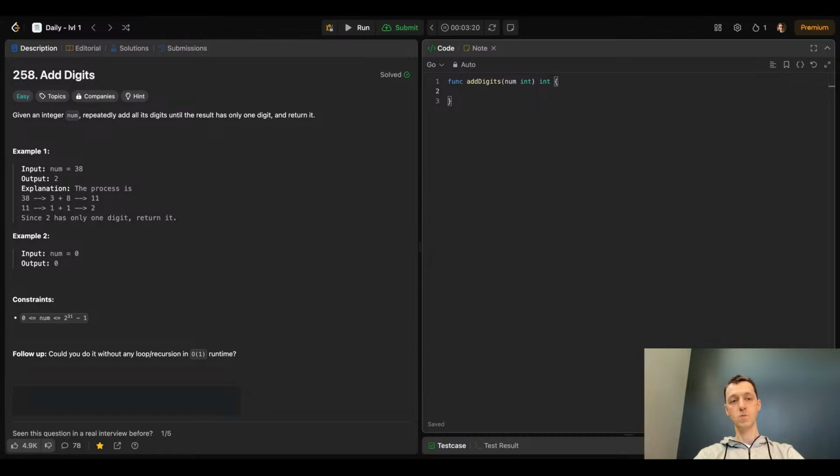It turns out that if a number has digits that sum up to 9, then the result of this iteration of adding its digits will always end up at 9.